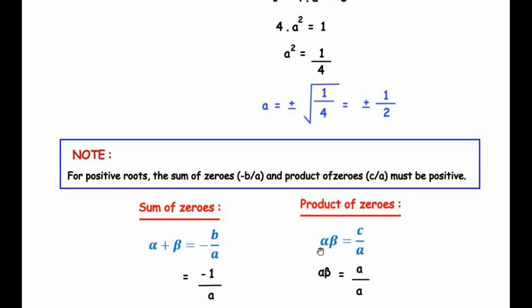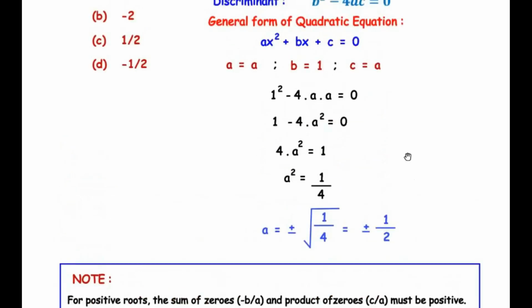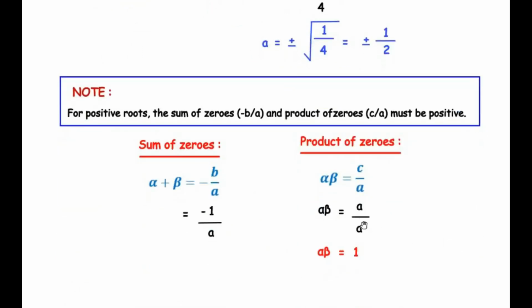Now product of zeros is alpha times beta equal to c over a. So alpha times beta becomes the value of c we have here is a and the value of a is a. So product of zeros we get here is alpha beta equal to a over a, giving alpha beta as positive 1. So product of zeros we have got it as a positive value, but let us check for sum of zeros, because sum of zeros also we should get positive.